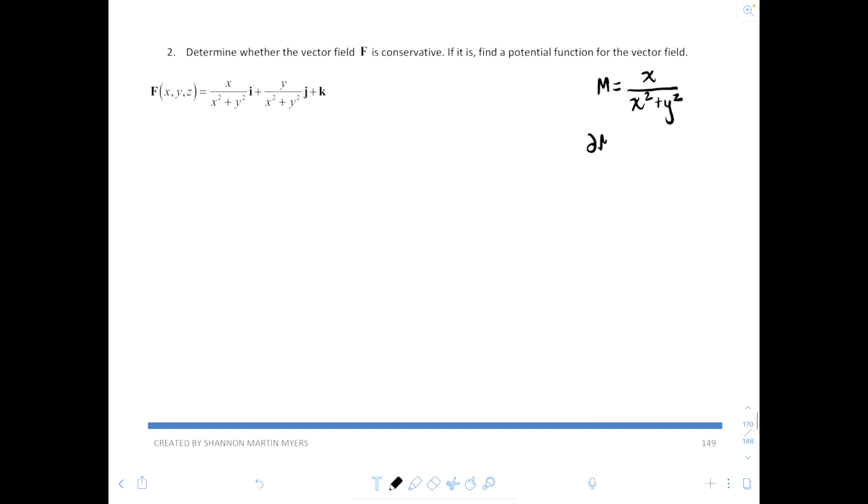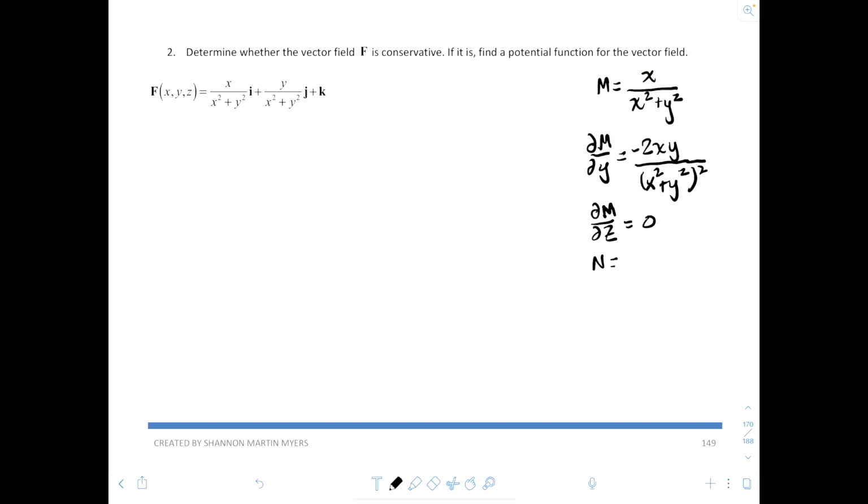The partials we need for M are the first partial with respect to y, which will be negative 2xy over x squared plus y squared, the quantity squared. And we need the first partial of M with respect to z, which of course is 0. There are no z's in there.